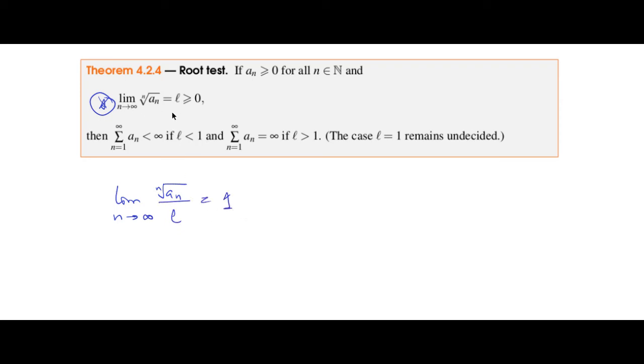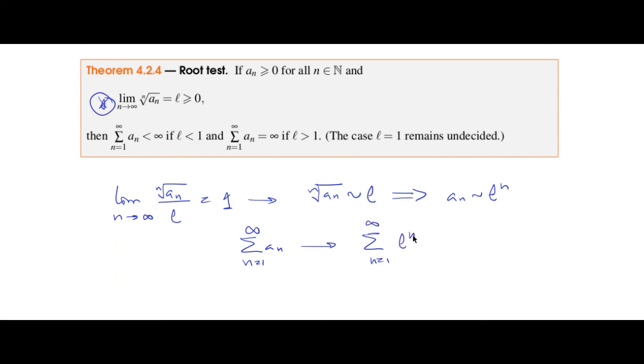Because we are dividing both expressions by L. So we could say that the nth root of a sub n is asymptotically equivalent to L, right? But this can also be written like a sub n is asymptotically equivalent to L to the n, right? So that means that the convergence of the series of a sub n is the same as this series, n equals 1 to infinity of L to the n, right?